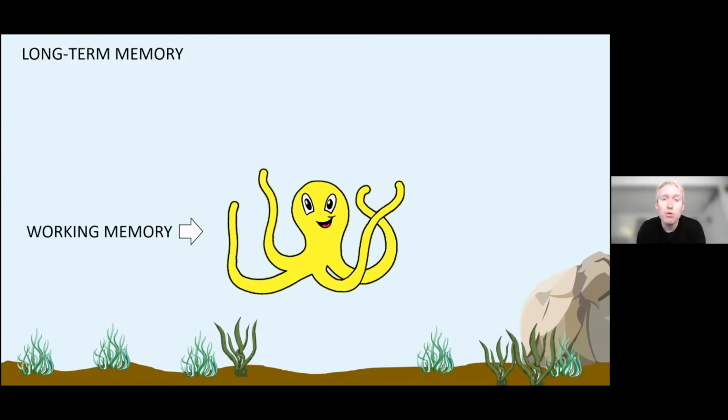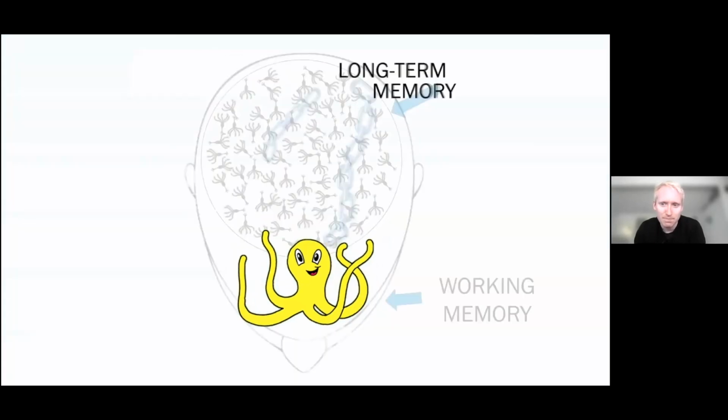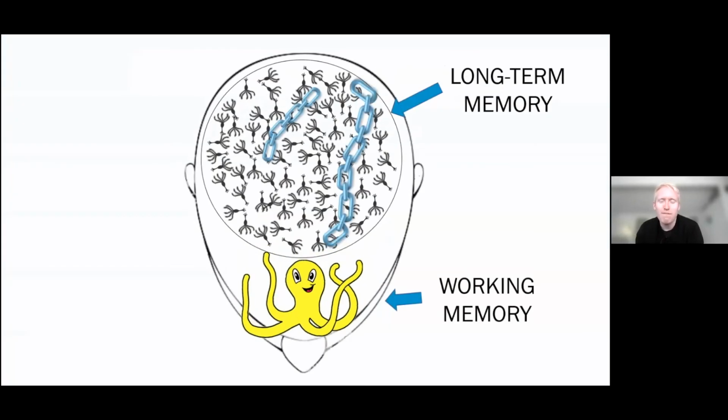As I said, we use our working memory all the time when learning and thinking. So for example, if I asked you to take the number 7 and 14 and multiply them, you would be using your working memory. You might start to calculate 7 times 10 plus 7 times 4, etc. And as you are doing these mental calculations, your working memory is hard at work.